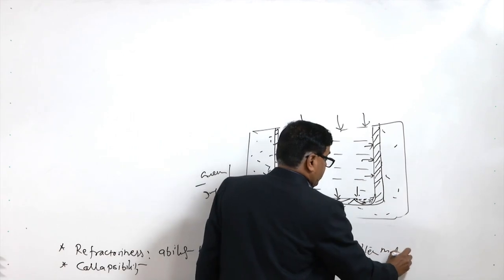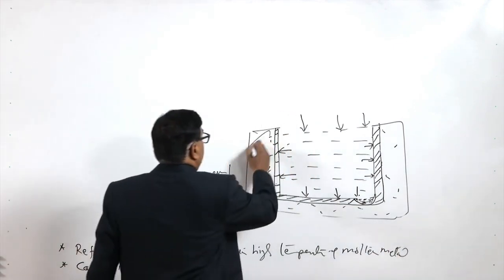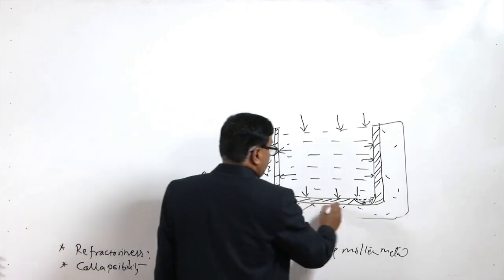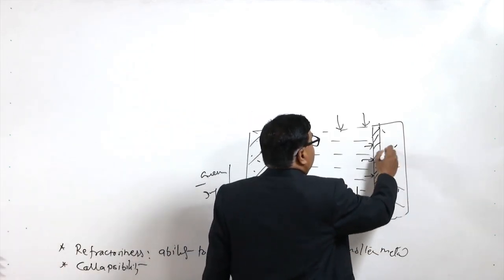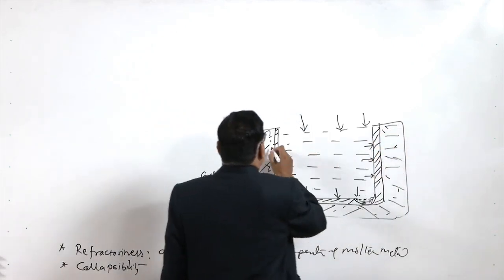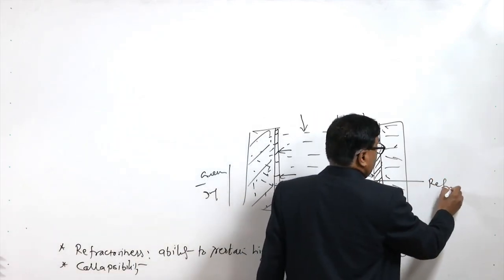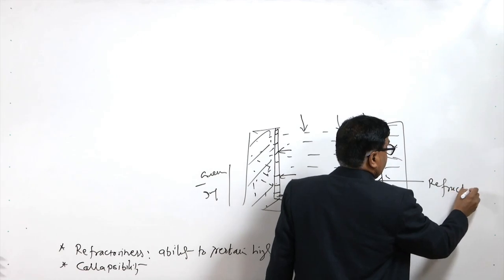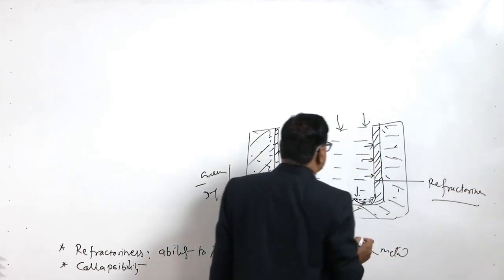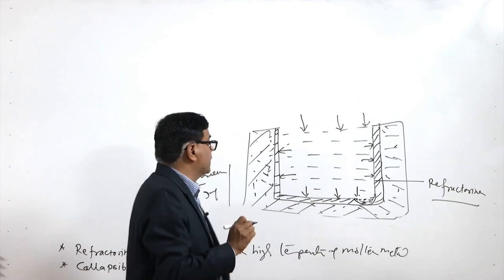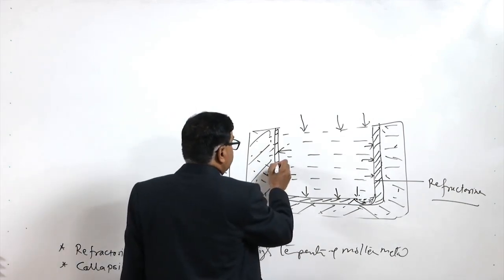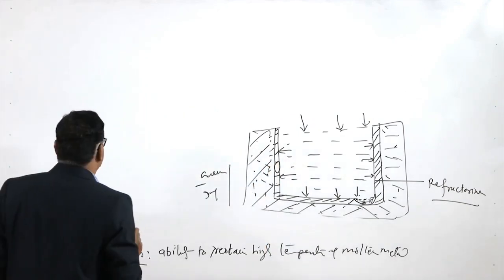If this is the mold prepared of sand, and the skin of the sand mold does not have the required refractoriness, in that case it will start fusing as soon as it comes in contact with the molten metal.